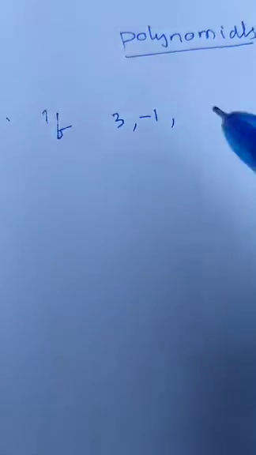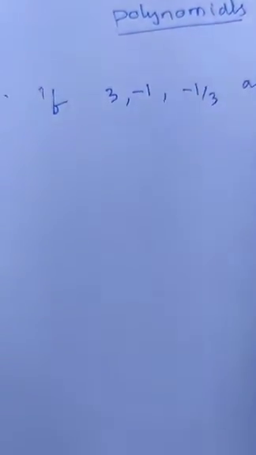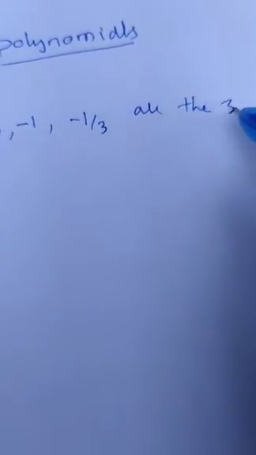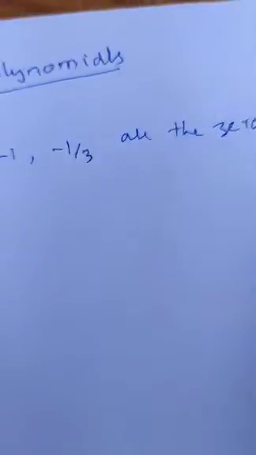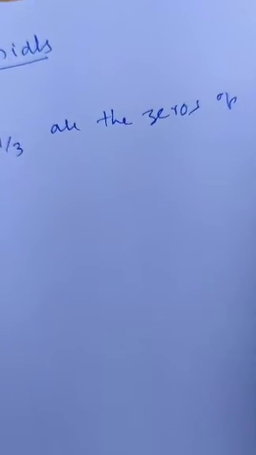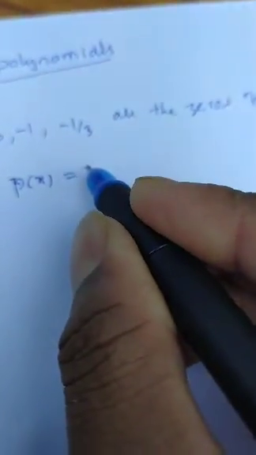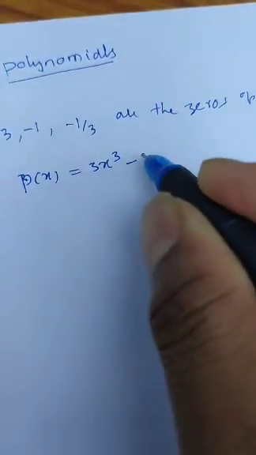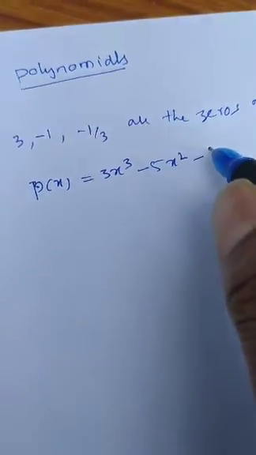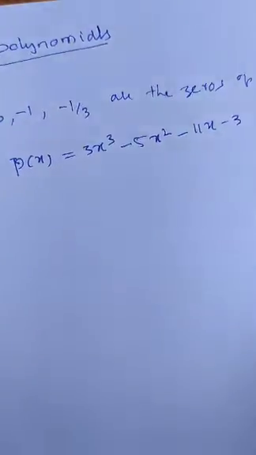Suppose 3, minus 1, minus 1 by 3 are the zeros of the polynomial P of x equal to 3x cube minus 5x square minus 11x minus 3.